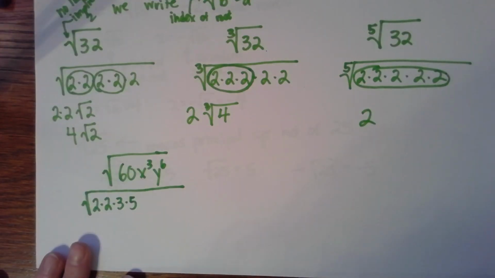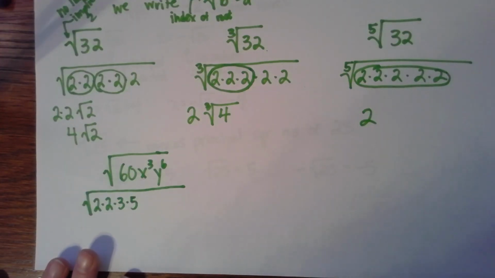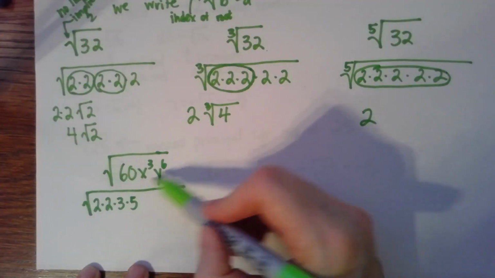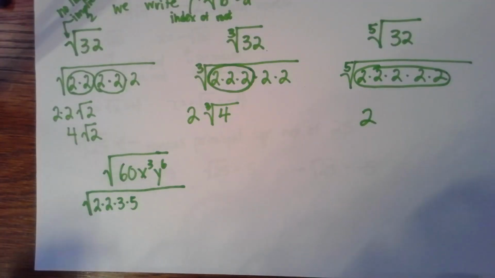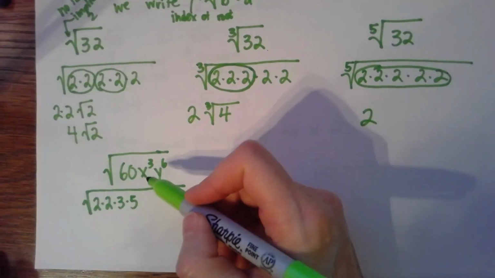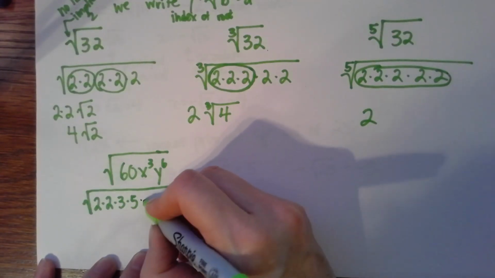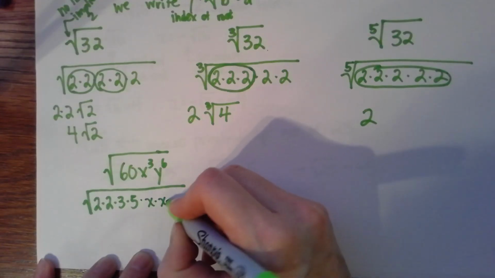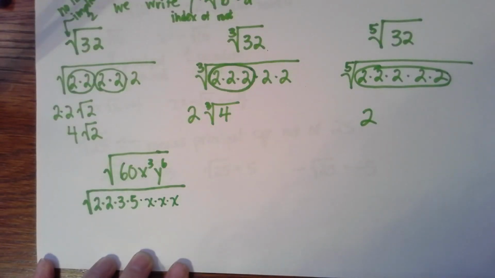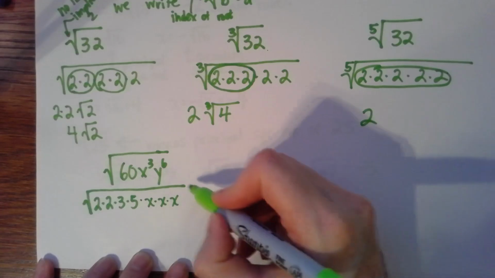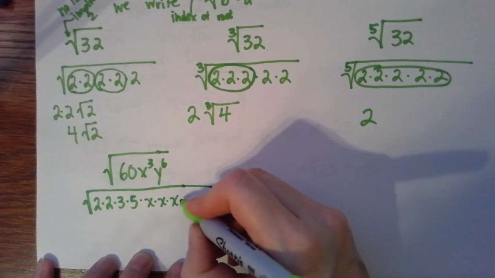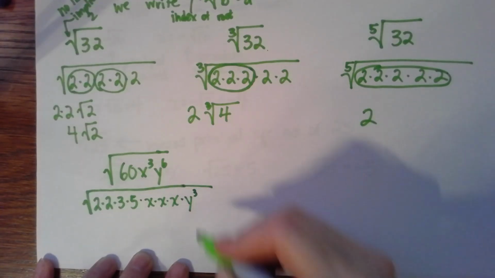Now I'm going to try to put these into 2 equal groups as much as I can. With x cubed, I can't put them exactly into 2 equal groups, so I'm just going to write them all out, all 3 of them. With y to the 6th, I can divide that into 2 equal groups. I could have y cubed and y cubed.